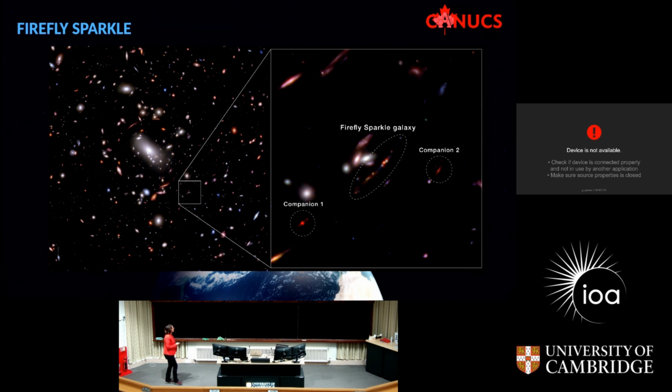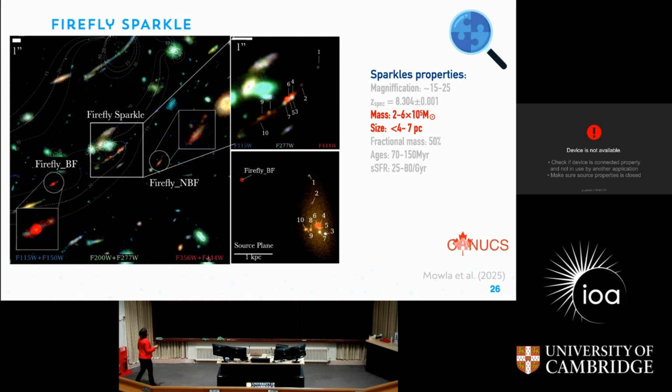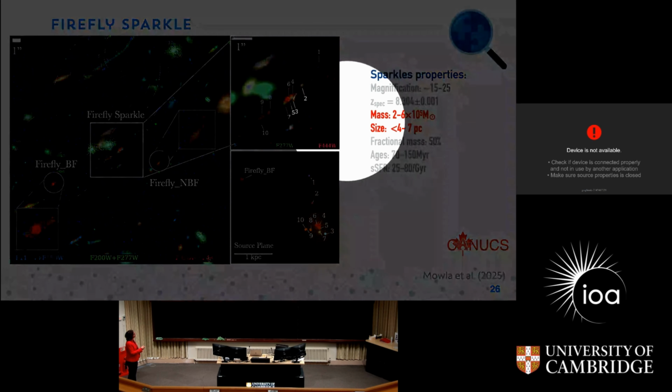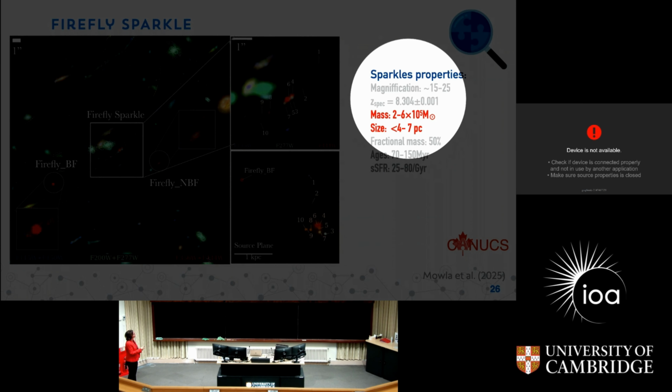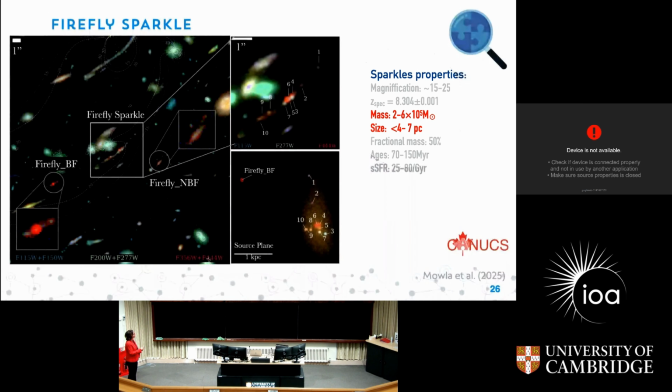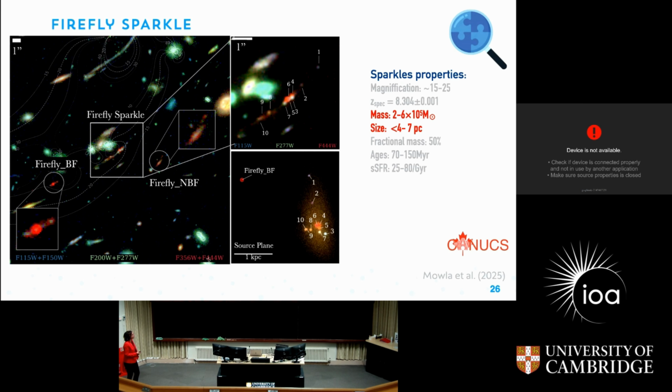In any case, this particular galaxy is a very low mass galaxy, and it has all these star clusters in it of masses between 2 to 6 times 10 to the 5 solar masses and sizes of less than 4 to 7 parsecs.